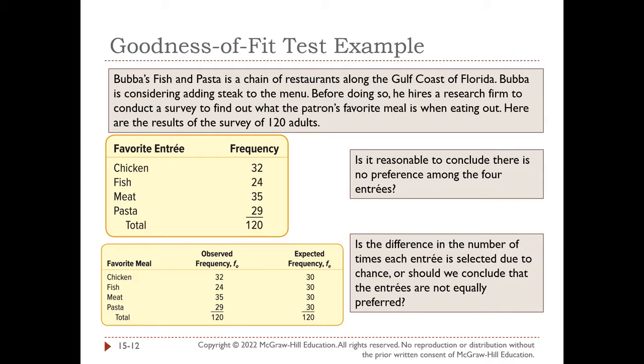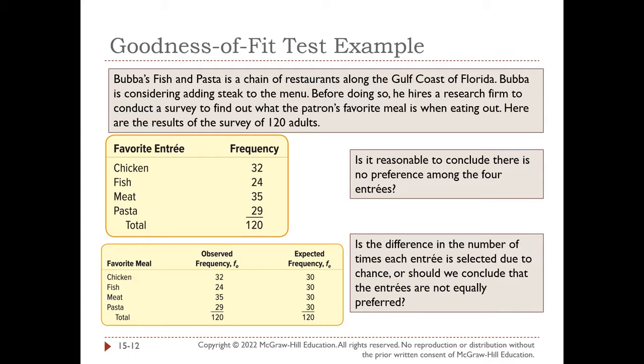If we're concluding that there is no preference among the 4, this is where we get the expected frequency. That's why we have 30 for each one. As we can see, observed and expected are a little bit different.